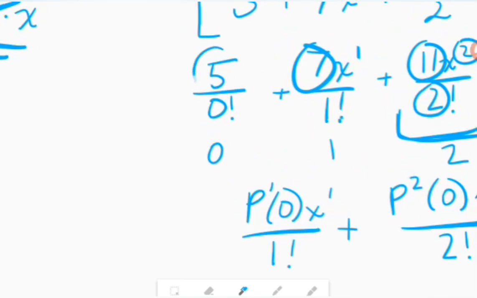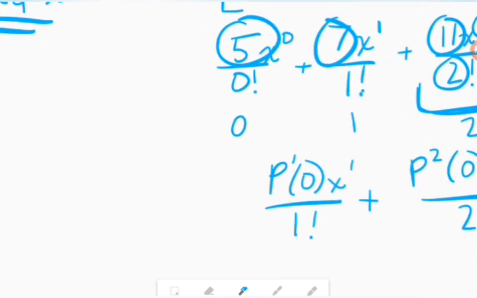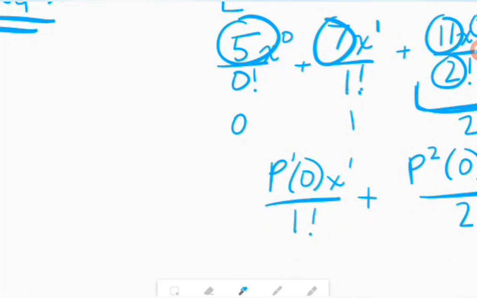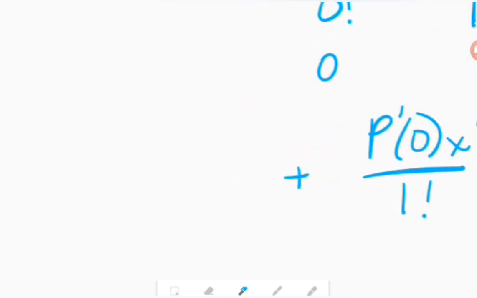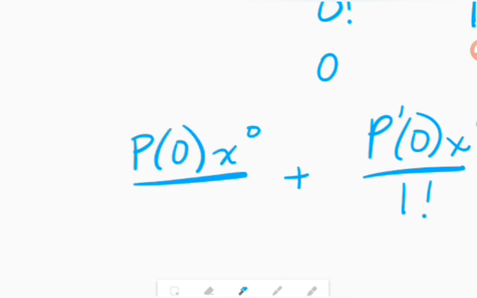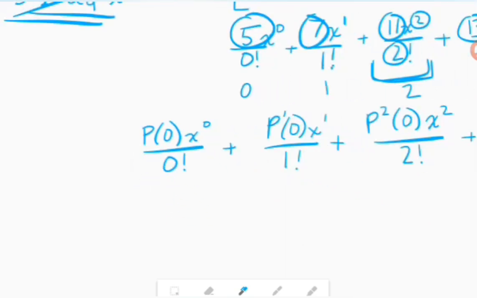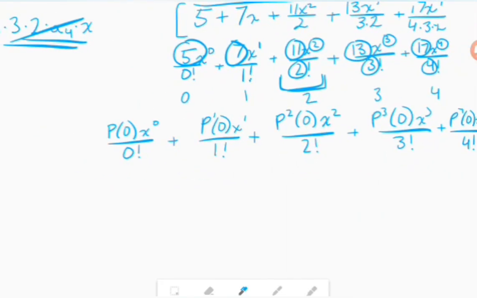And 5 was the value of p of 0. Technically 5 is being multiplied by x to the 0th power, because something to the 0th power would be 1. And we're dividing it by 0 factorial, and 0 factorial is just 1. So this would be p of 0 times x to the 0 divided by 0 factorial. So we're adding these terms up together.